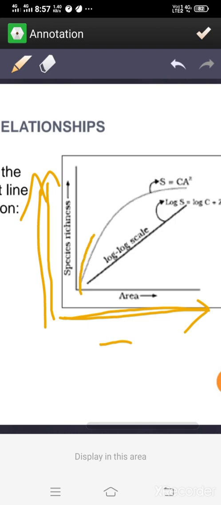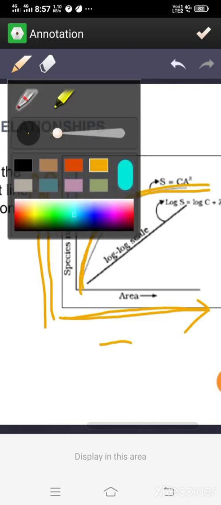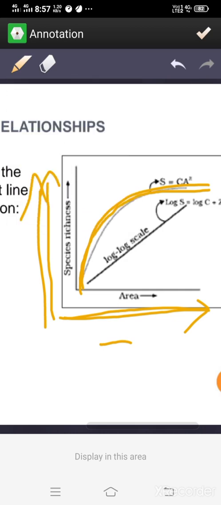It starts increasing like this, only up to a certain level, but after some level, if you go on increasing the area, species richness doesn't increase; it stays stagnant. Instead of being like this, it is like this. So this is what he explained.